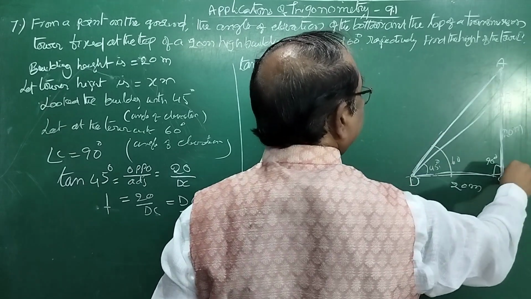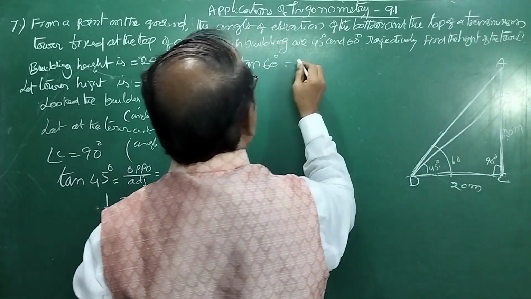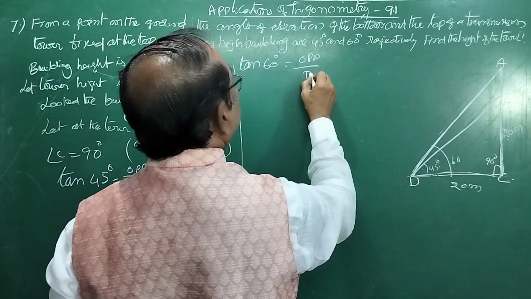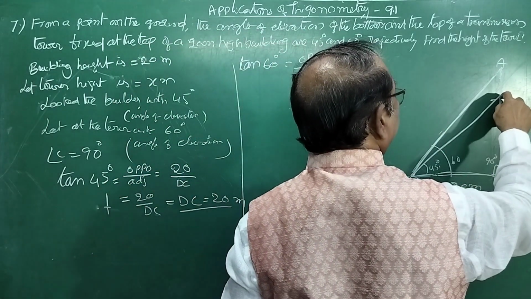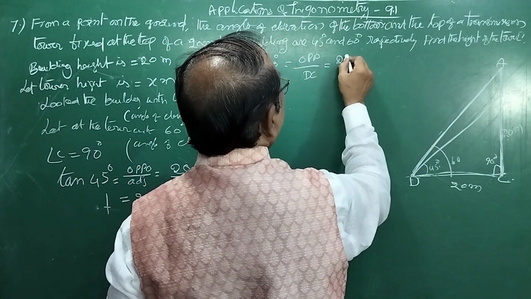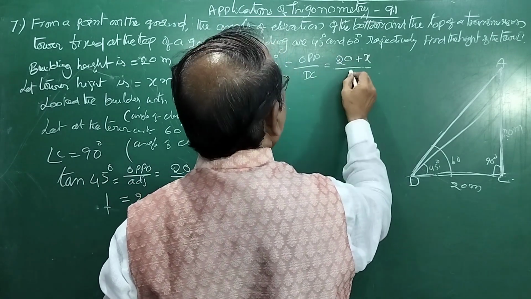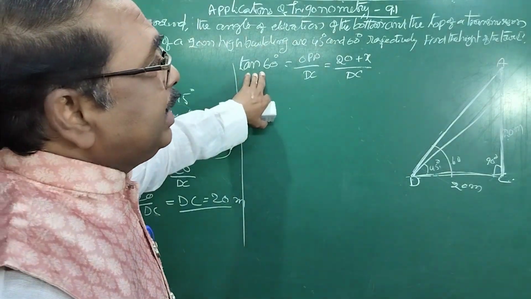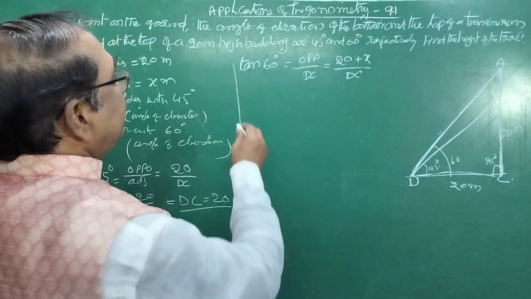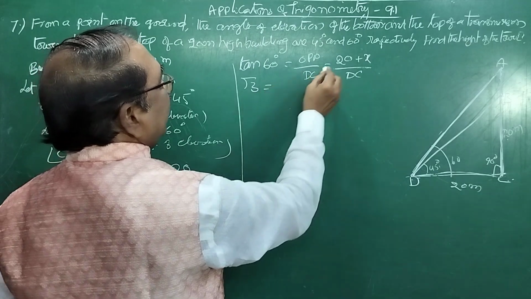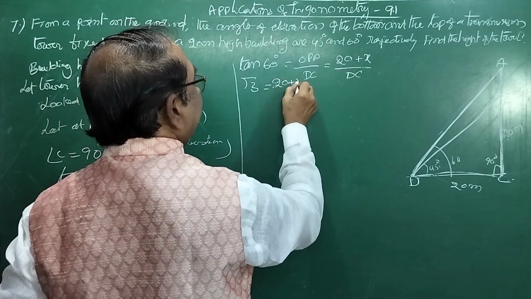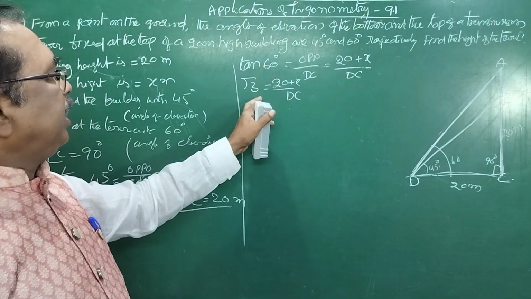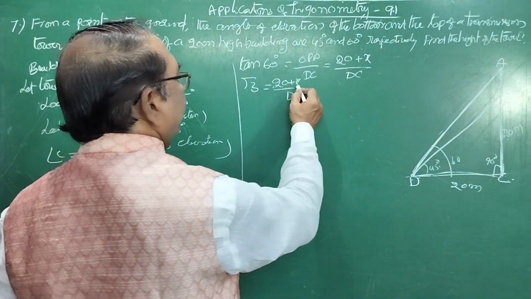Opposite side is 20 plus x, adjacent side is DC. That means 20 plus x by DC. Tan 60 is root 3, so root 3 is equal to 20 plus x by DC.